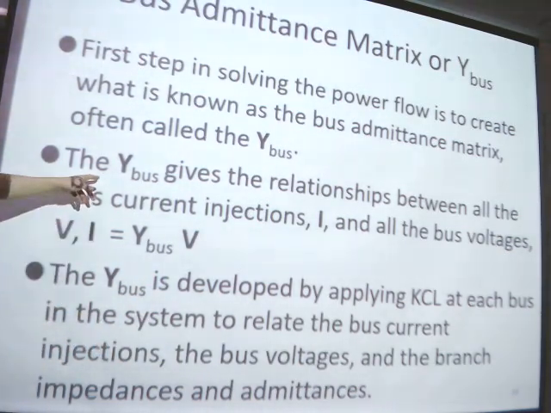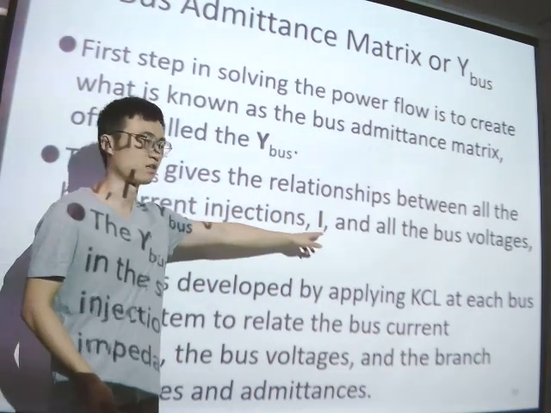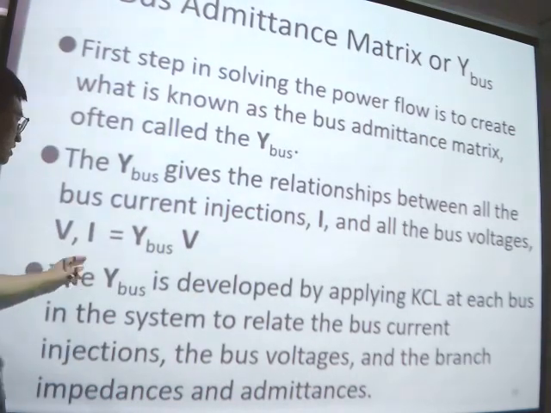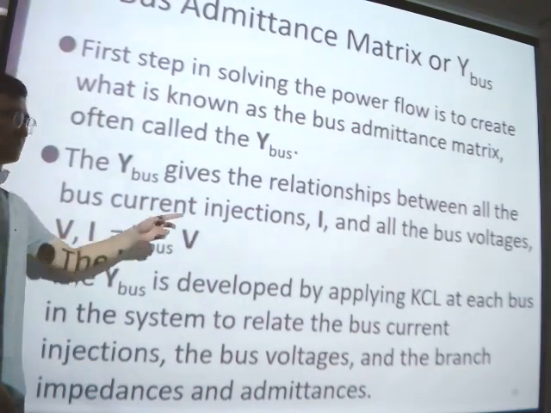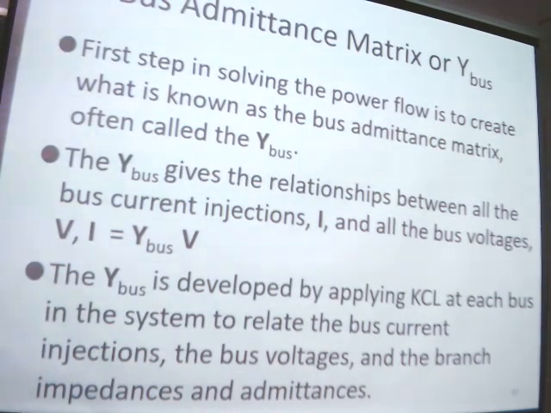In this admittance matrix, we contain the relationship between all the bus current injections and the bus voltages, right? V and I, so we include the information of these two parameters.